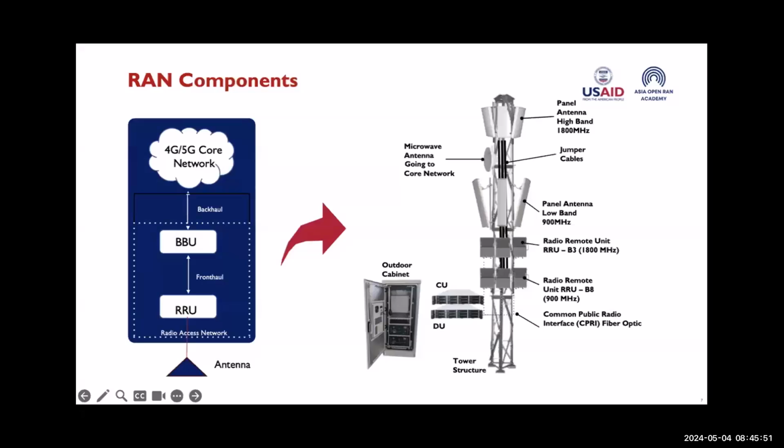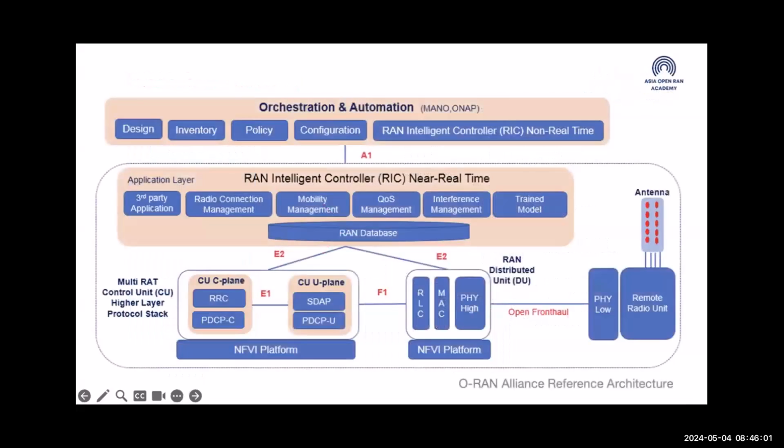Now, if you look at the overall component of the network architecture, the network architecture of an Open RAN system looks like this. This is coming from the O-RAN Alliance reference architecture. You have the antenna deployed on the cell site premises. You have the remote radio unit, which might include the physical layer, the low physical layer.